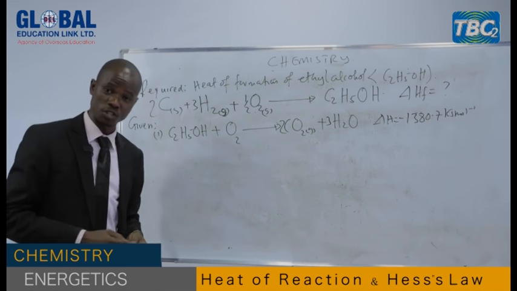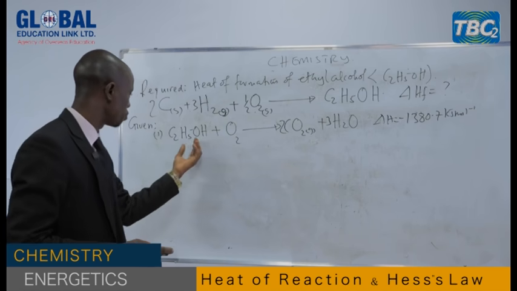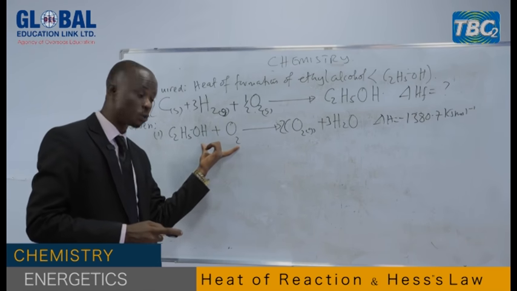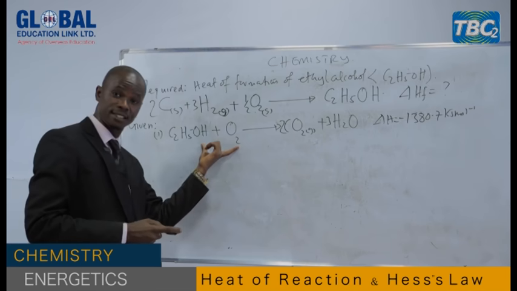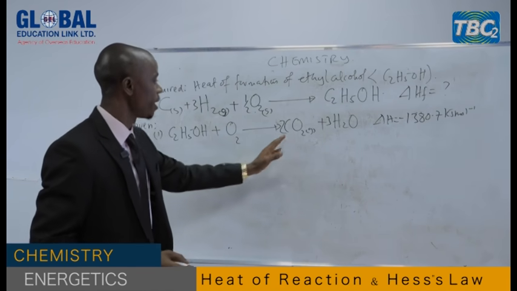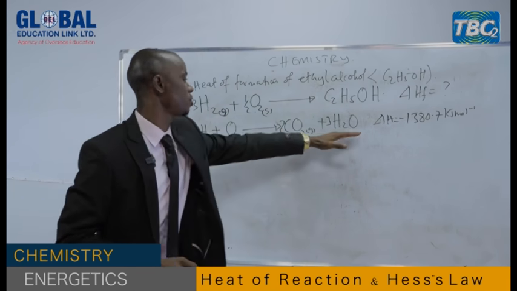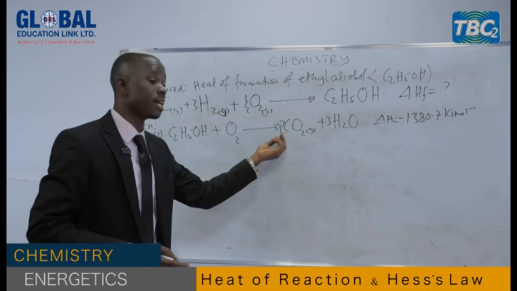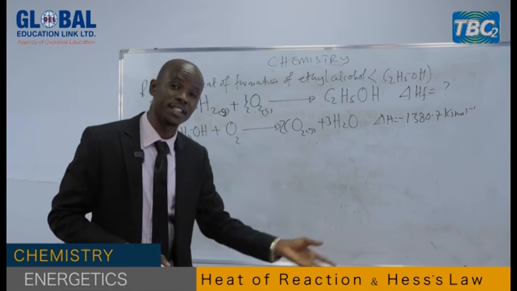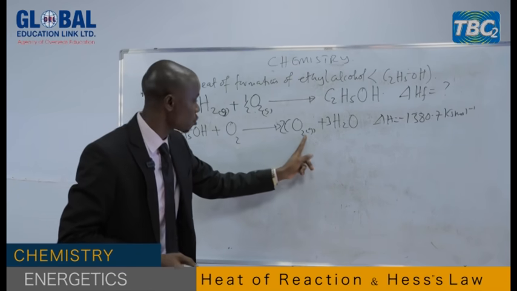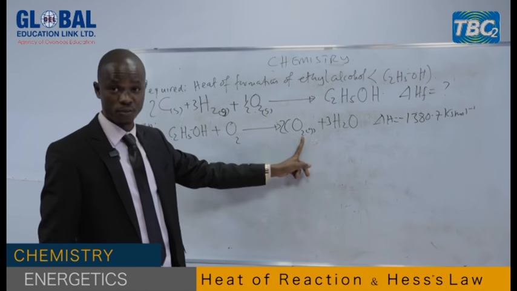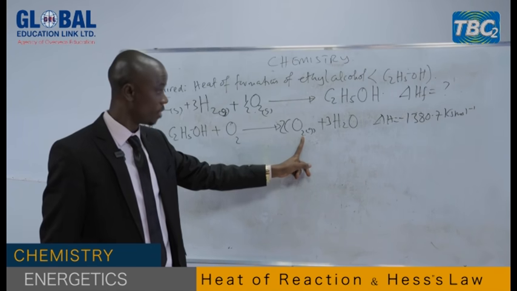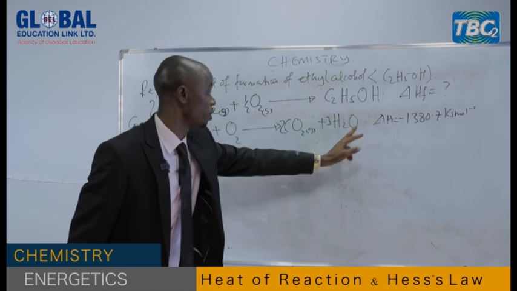For the case of oxygen, we have 3 oxygen atoms present on the left-hand side. And how many oxygen atoms are present here? We have 2, because the number before the formula multiplies everything. So we have 2 times 2, that is 4 oxygen atoms. That is not all. There are also 3 oxygen atoms present in water.